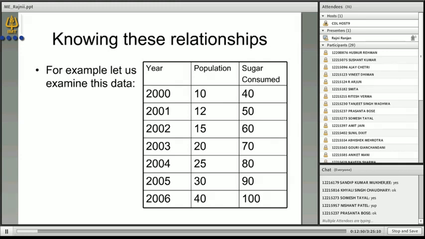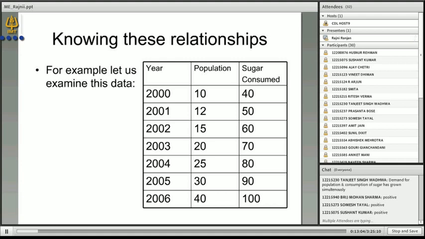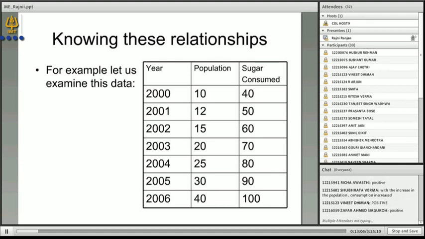Is it positive or is it negative? What about others? All of us can make out that there is a positive relationship between these variables, and though we can observe this positive relationship in this data, we have to establish it.